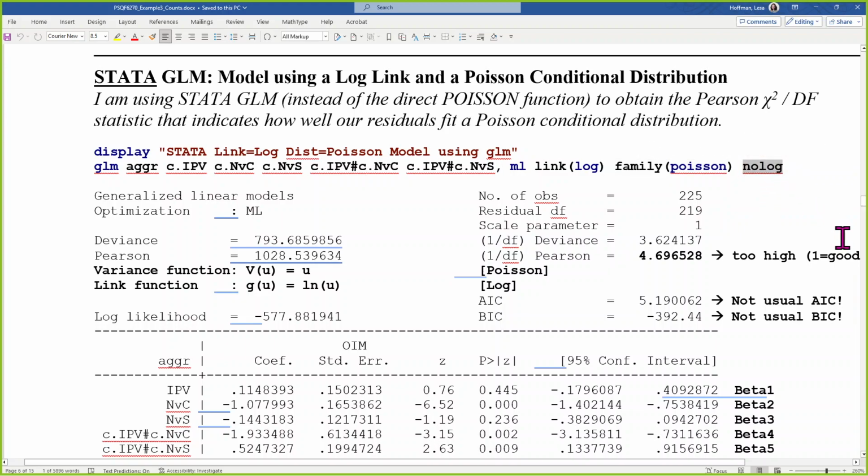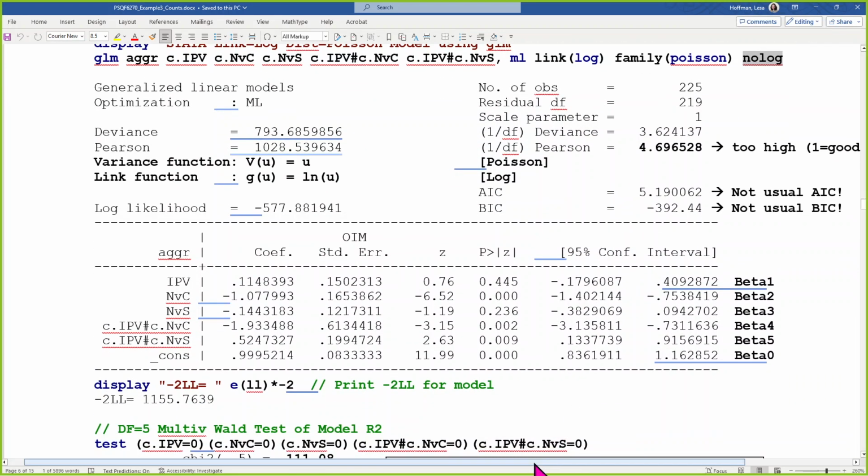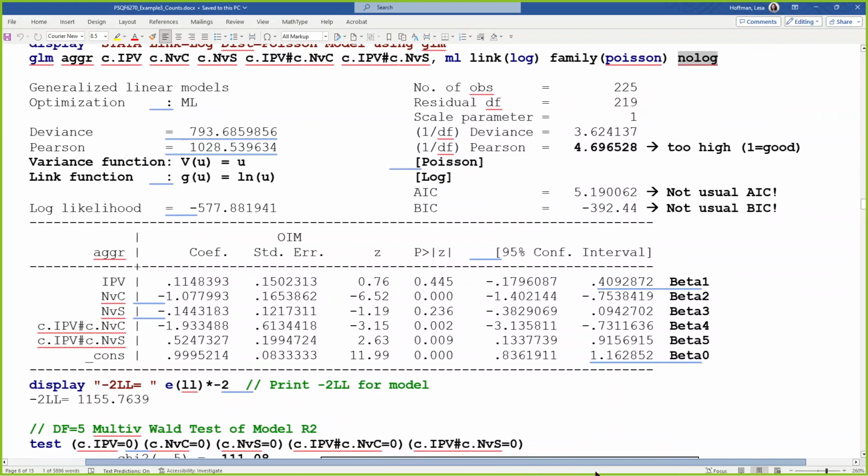So it shows the iteration history of the estimator, and it just takes that out of the output. So this, I realize, could be confusing because I'm like, I thought you said log, and now it says no log. Well, no, this log refers to the link function. This log refers to the output, and you're just supposed to know that. Job security. So here's what we get then.